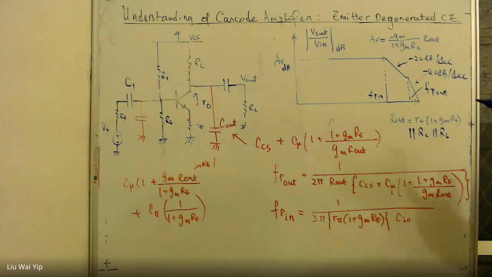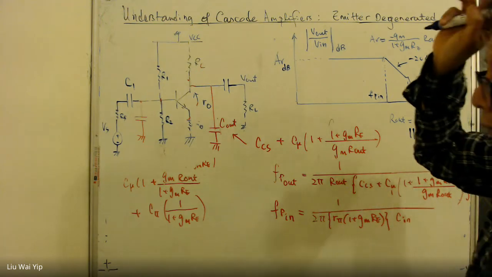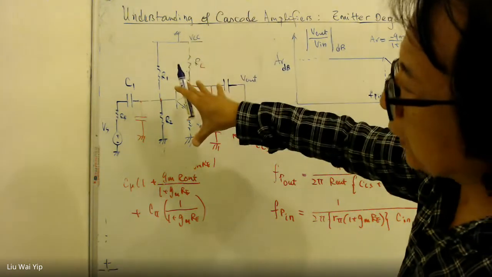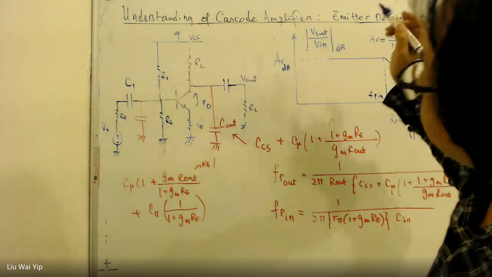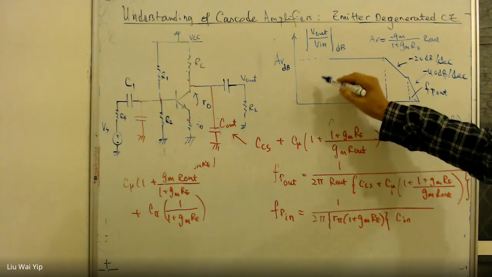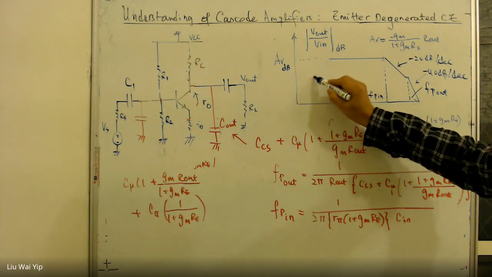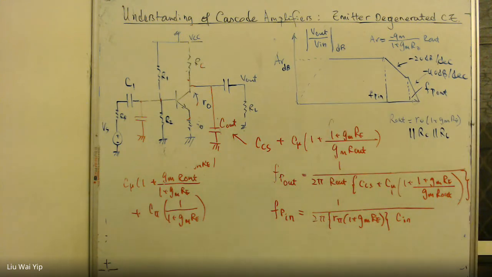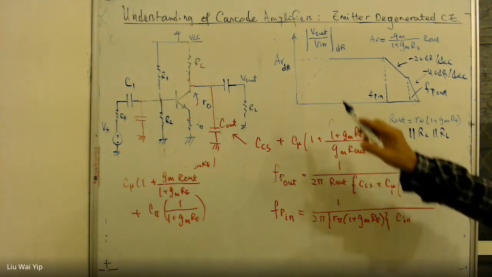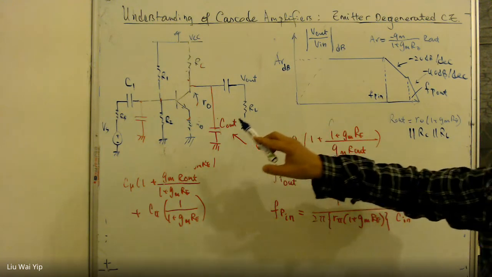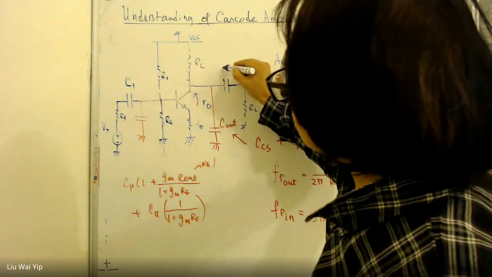Okay, let's say we are now beginning to understand the circuit. We are going to look after the low frequency response, which is this part here. And we need to work out the poles associated with the C1 and C2.